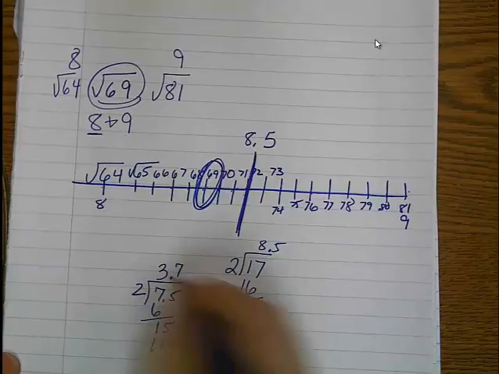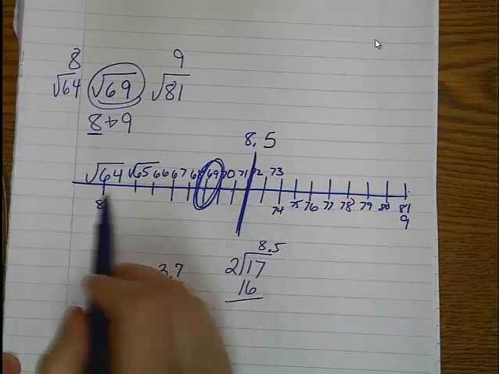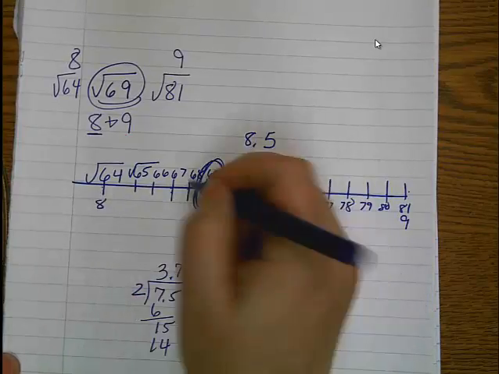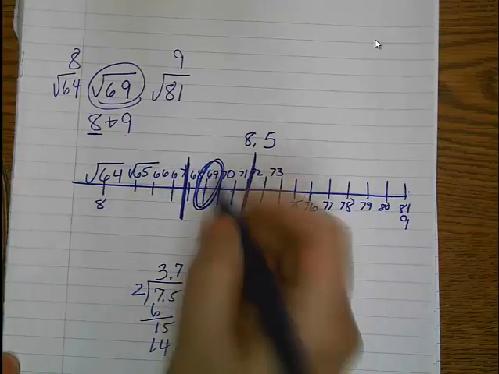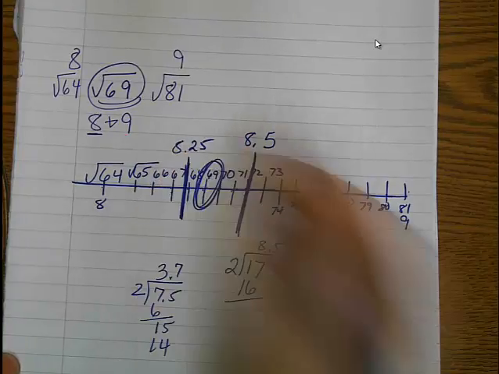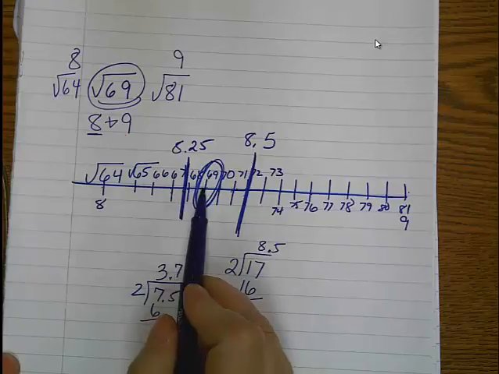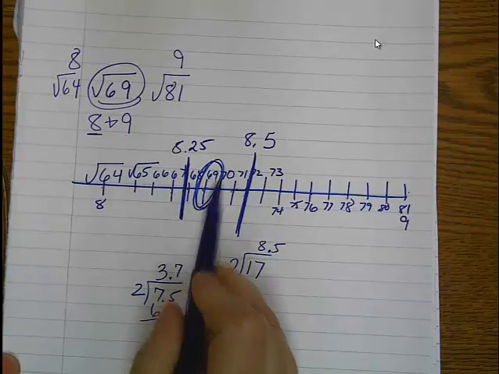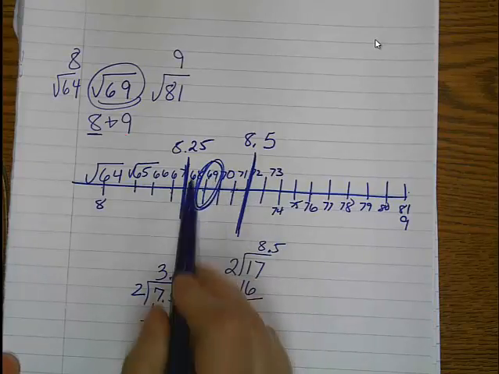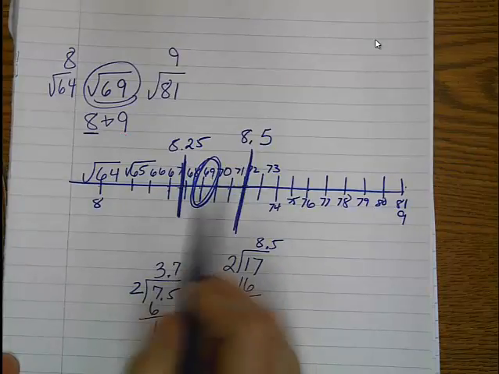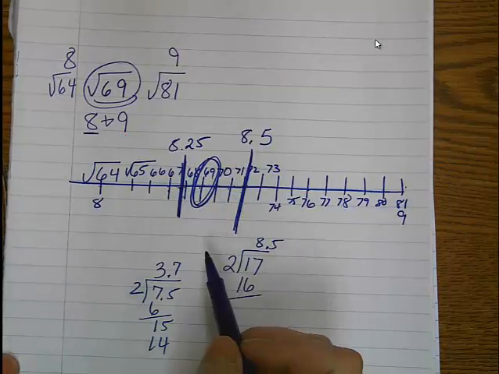So it's about almost 4. So 1, 2, 3, 4. So this would be 8.25. Now, what do you suppose the 69 is between? It's between 8.25 and 8.5. And I would say that's about 8.3.